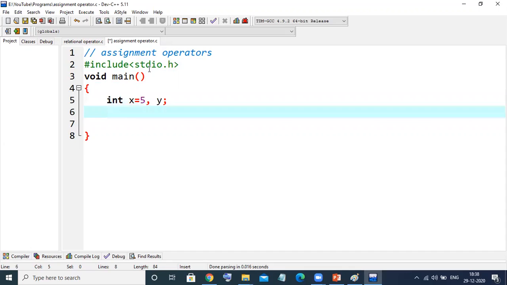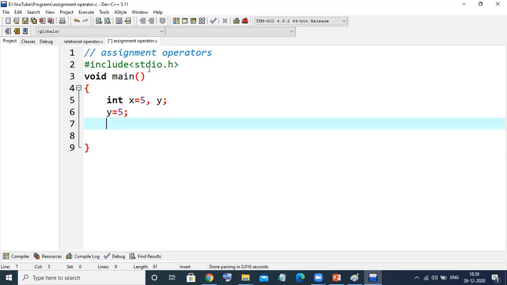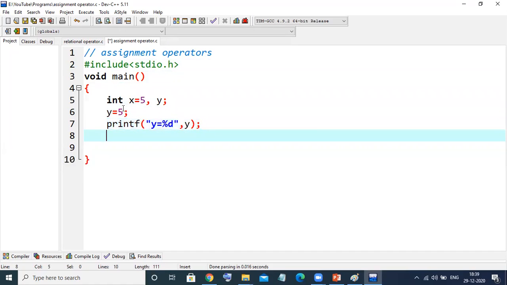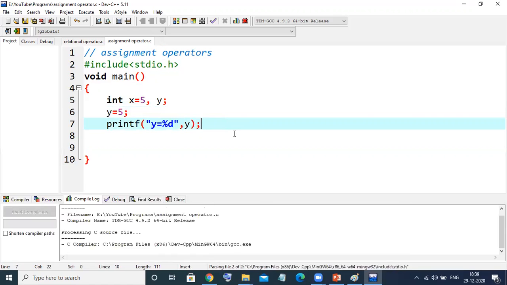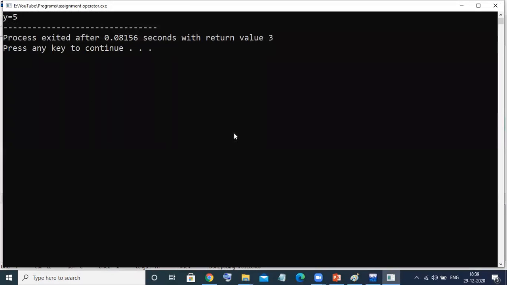First, y equals 5. And if I print y equals %d, you know the answer. This is the assignment operator. This 5 will be assigned to y, and if I print y, it will print 5 as an output.